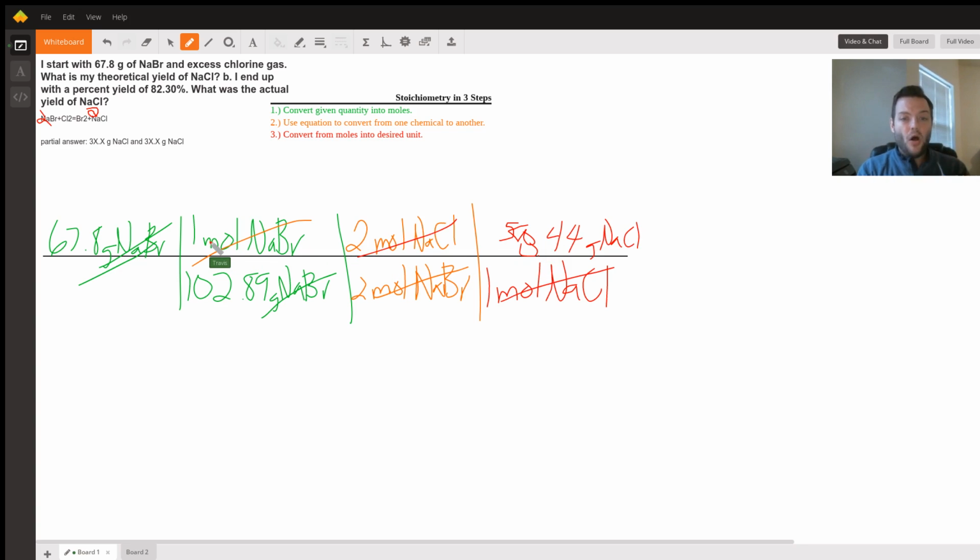Looking at our setup, all of our units cancel that they should. We're ending with the unit that we want. And if we plug it into the calculator, that tells us our theoretical yield is going to be 38.5 grams of sodium chloride.